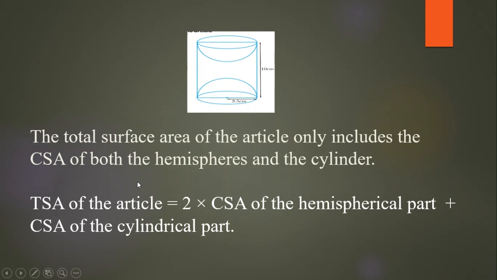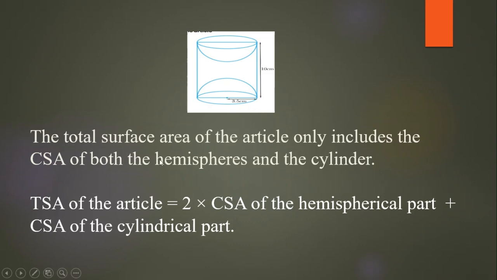It only includes the curved surface area of both hemispheres and the cylinder. When we add them, we'll get the total surface area of the article.